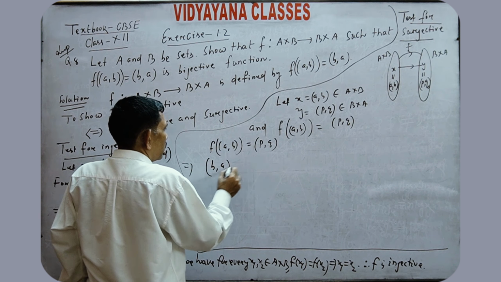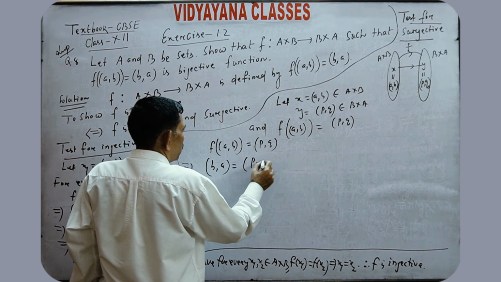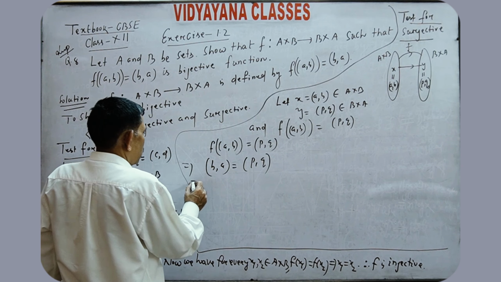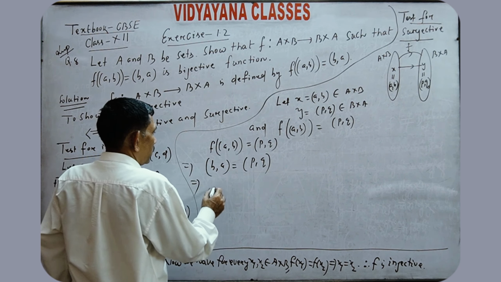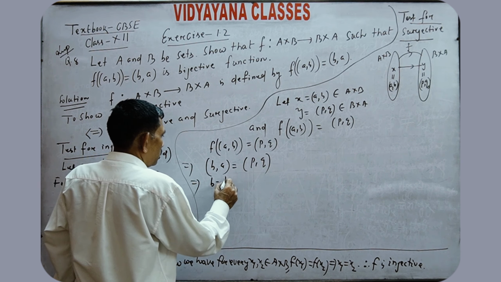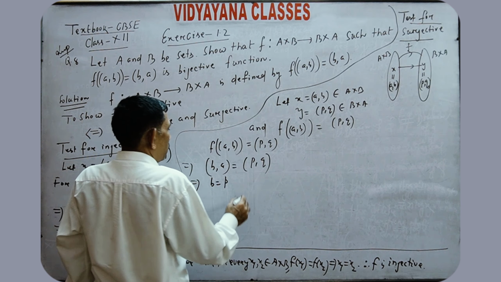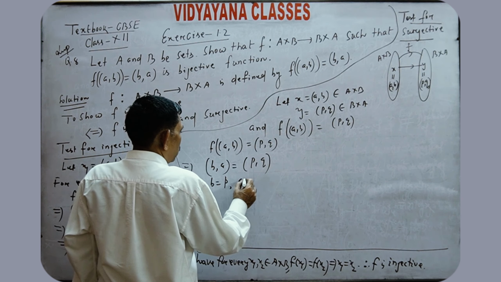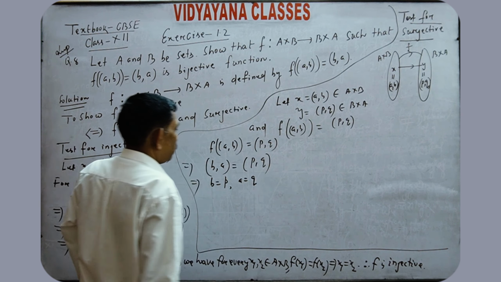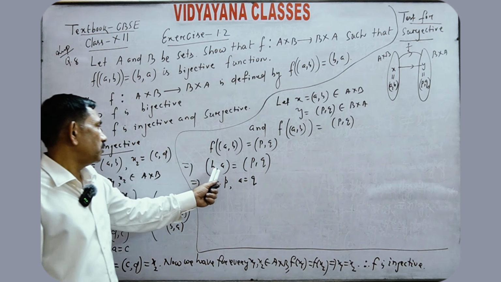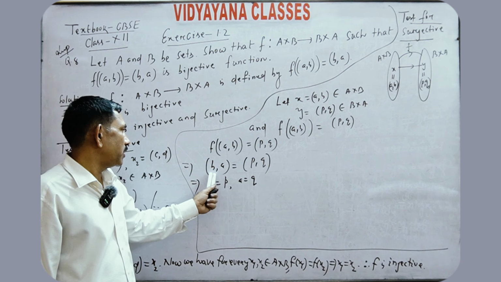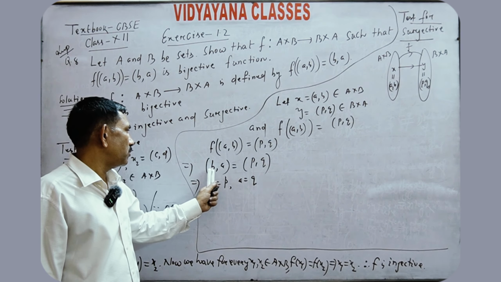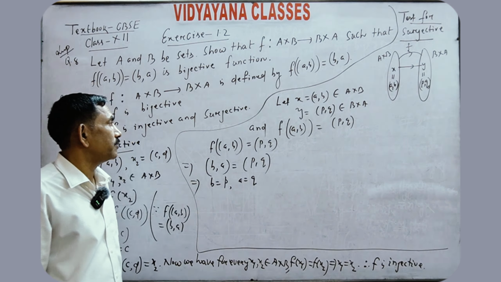BA ordered pair is equal to PQ ordered pair, which implies B is equal to P, A is equal to Q. Two coordinate points are equal if their respective coordinates are equal, that is P is equal to B, Q is equal to A.